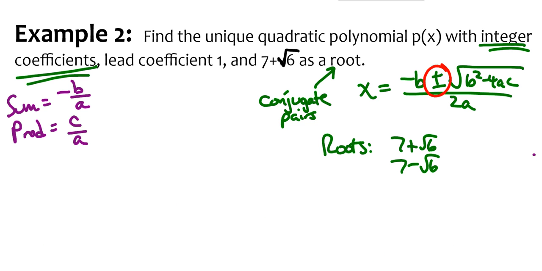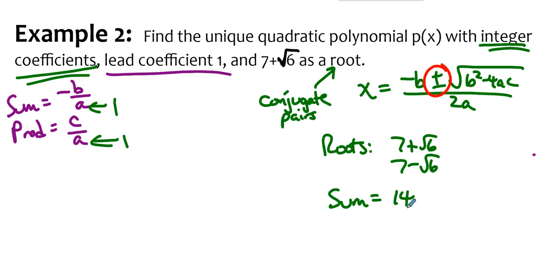And in this case, we know that the lead coefficient is 1. So we know that a is 1. And so the sum of these roots, which is 14, is negative b. And the product of these roots, which is not terribly hard to find, is c.